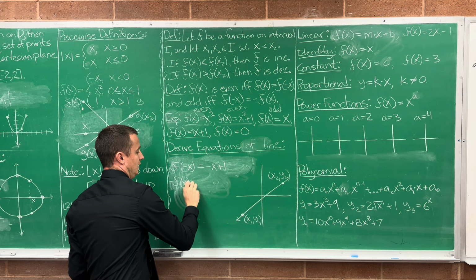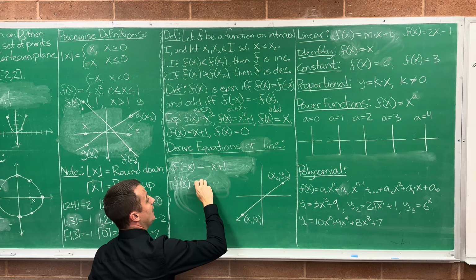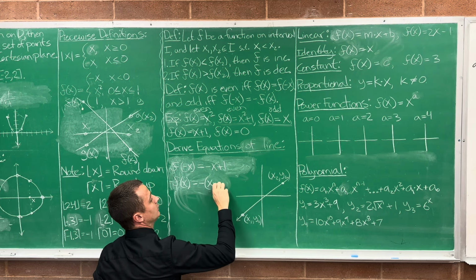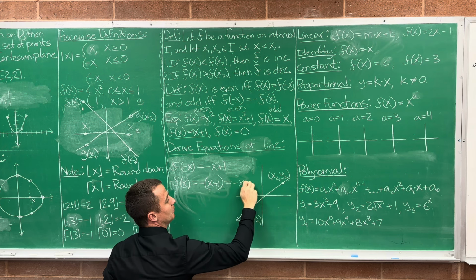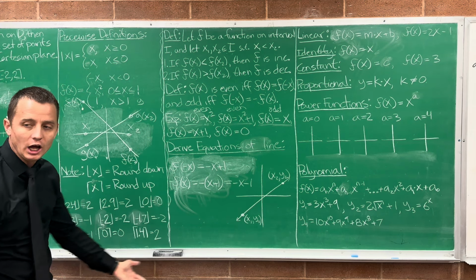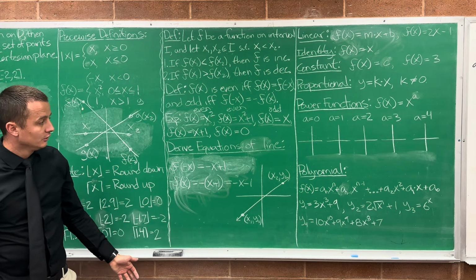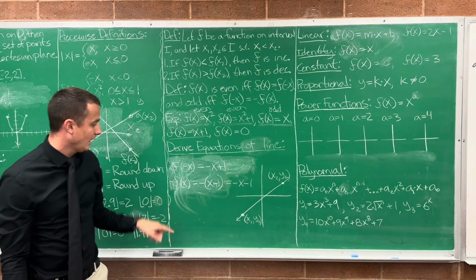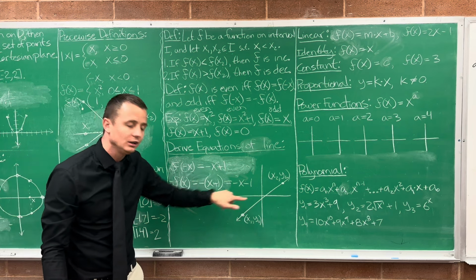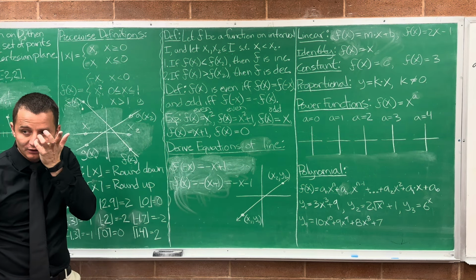Negative x plus 1, but distribute your negative, that gives you negative x minus 1. Not the same thing. So it's not odd. It's not even because this isn't equal to f of x, and it's not odd because this isn't equal to this.